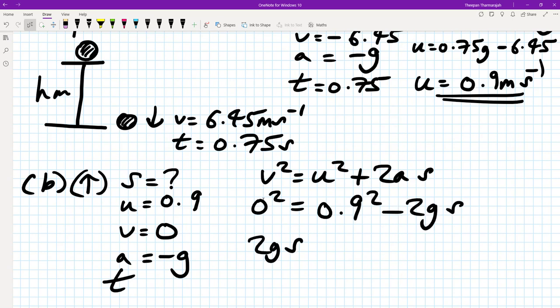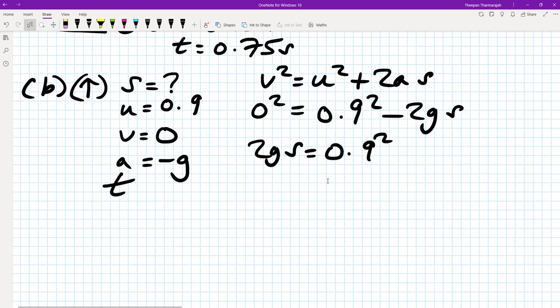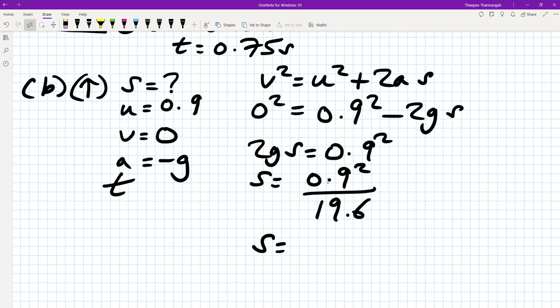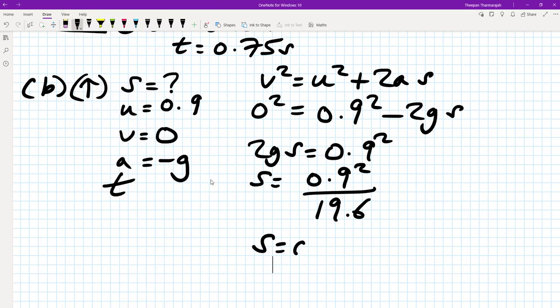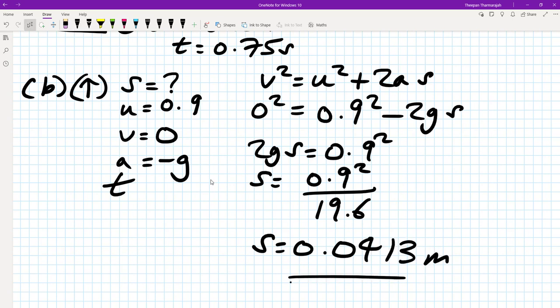So 2gs equals 0.9 squared. So we can say s is 0.9 squared over 19.6. What is that on our calculator? So we get 0.9 squared divided by 19.6. And that gives me 0.0413 meters to 3 significant figures.